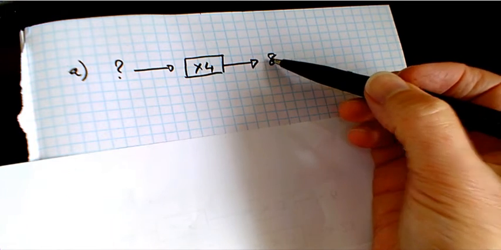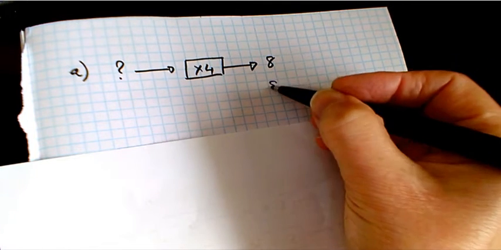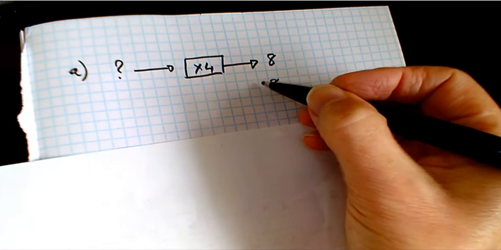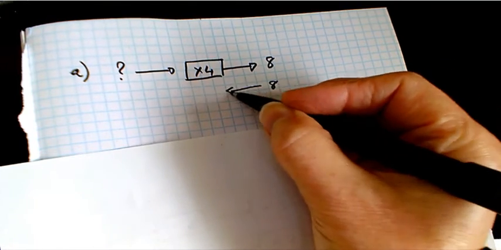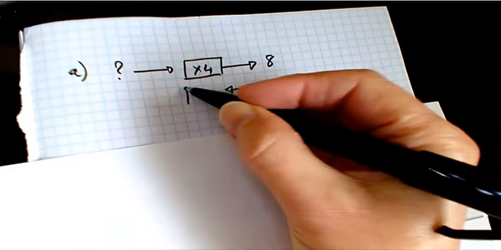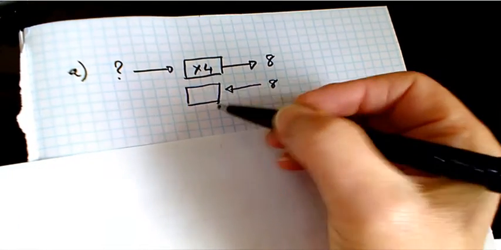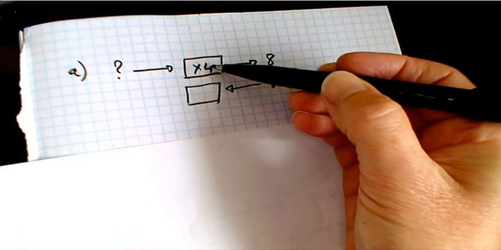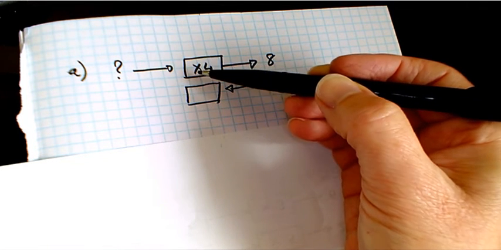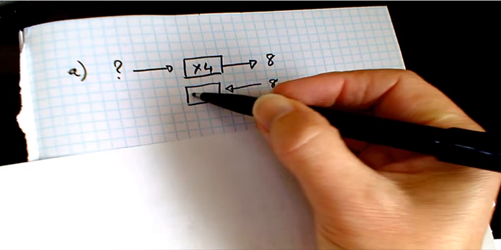So this time we are starting with 8 and we are changing direction. See, my arrow is pointing towards 8. I'm pointing away from it now, and I am going to put into the bottom here the inverse action of times by 4. So the inverse of times by 4 is divide by 4.